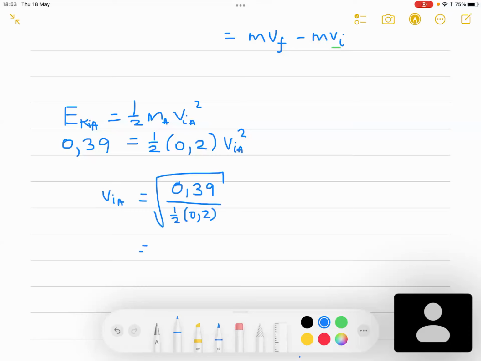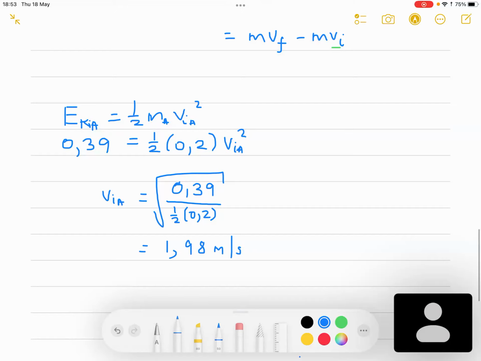And then you should get 1.98 meters per second for the initial v of A.